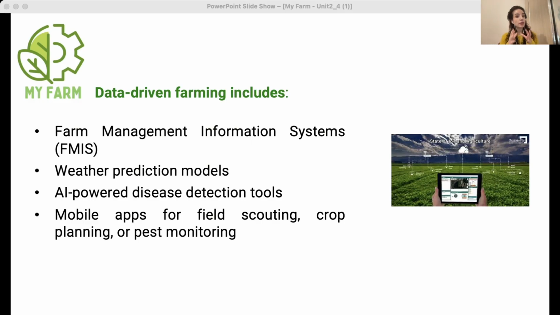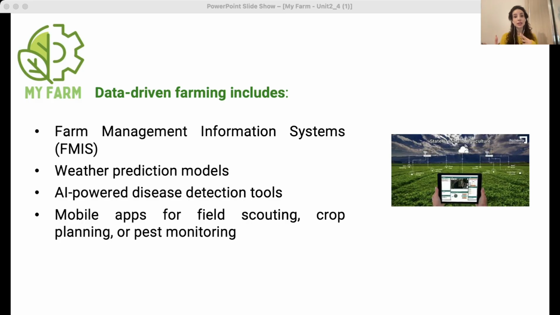So, data-driven farming relies on a range of digital tools that help farmers turn information into action. Farm management systems bring together data from across the operation, from inputs and field activities to yields and costs. So decisions are based on the whole picture, not isolated observations.